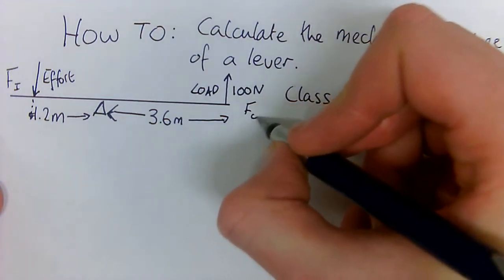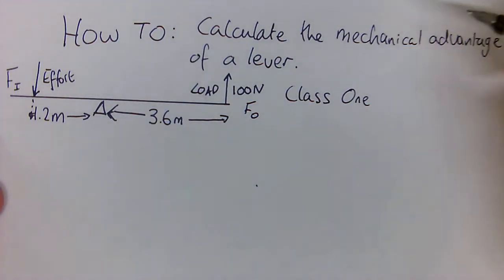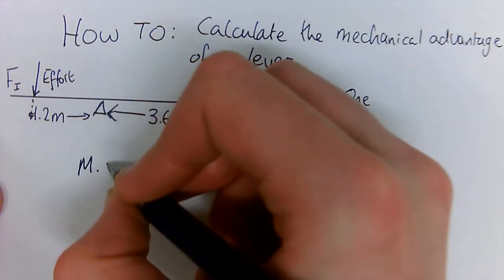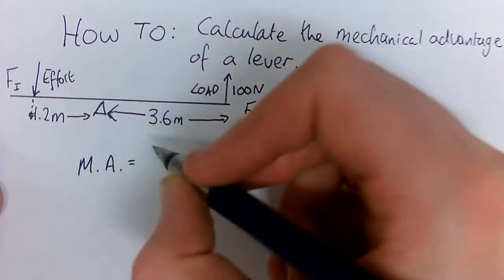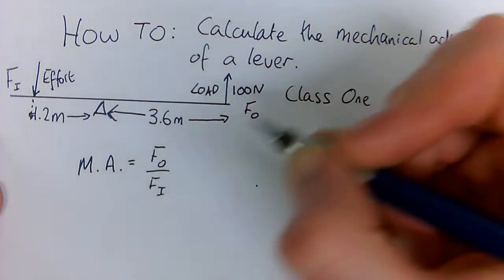of our pivot. Okay, our mechanical advantage, there are two ways of calculating this. Mechanical advantage of any system is the force out divided by the force in.